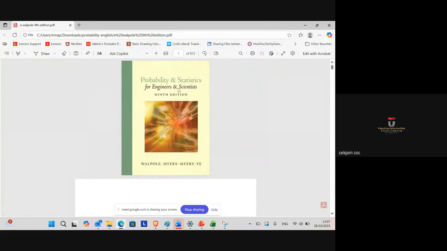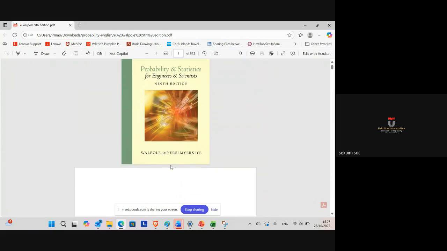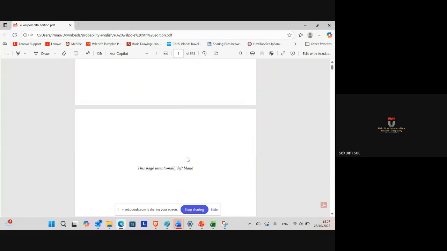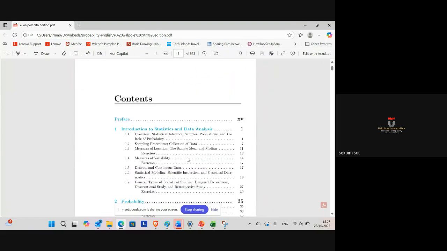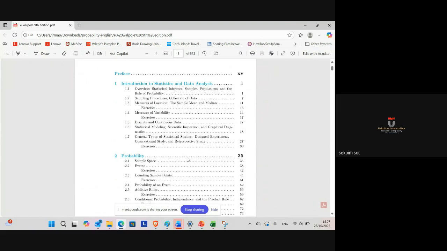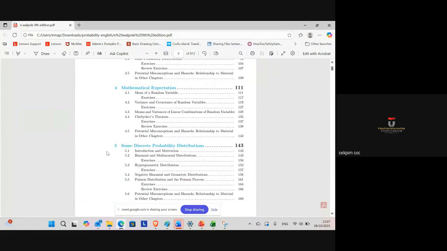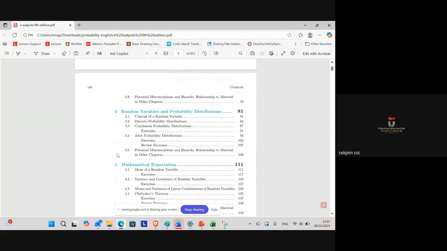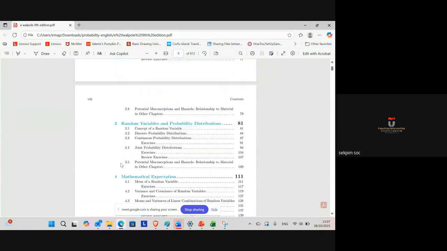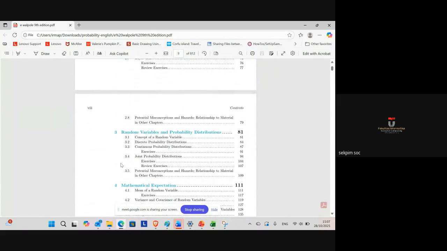The textbook is Probability and Statistics for Engineers and Scientists, by Walpole and Myers. The topics that we just discussed are in chapters 1 to 4, so do a couple of exercises from there.